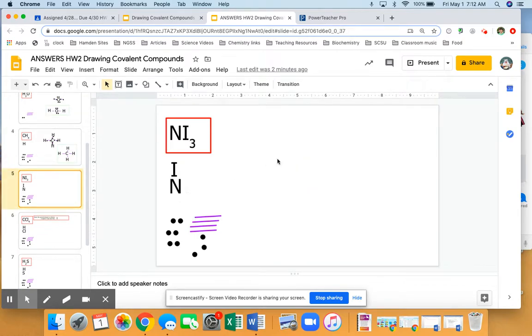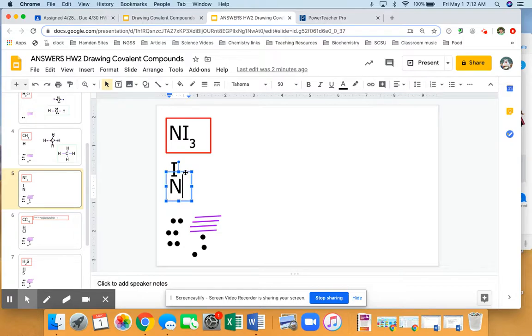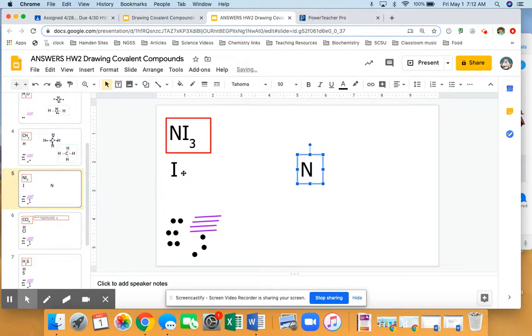First off, on slide 5, we had NI3, one nitrogen and 3 iodines. So we had one nitrogen and 1, 2, 3 iodines. Then you figured out the number of electrons for each of these elements.